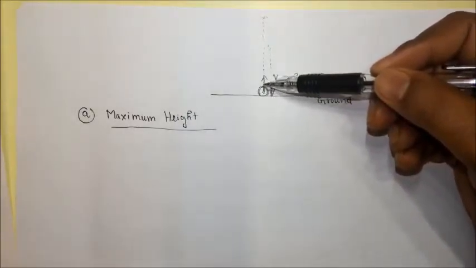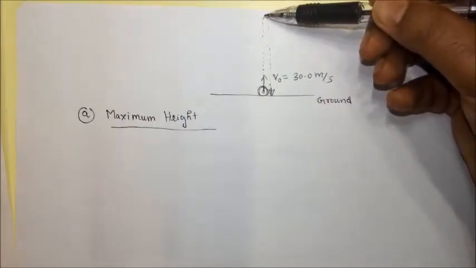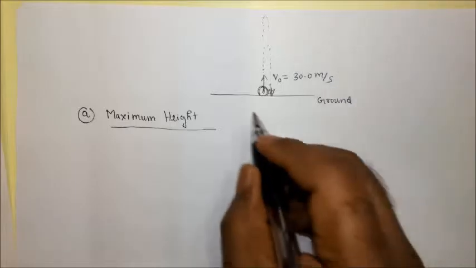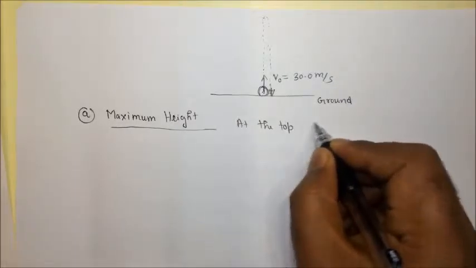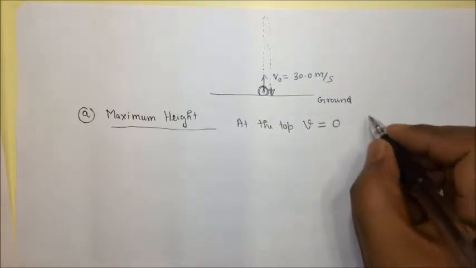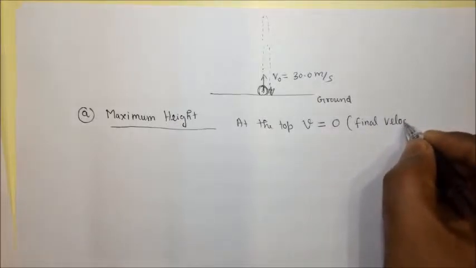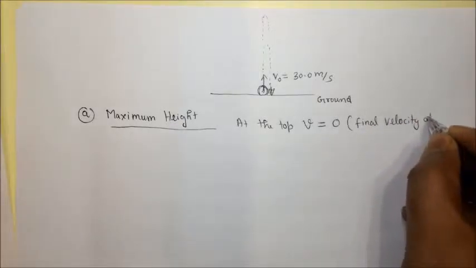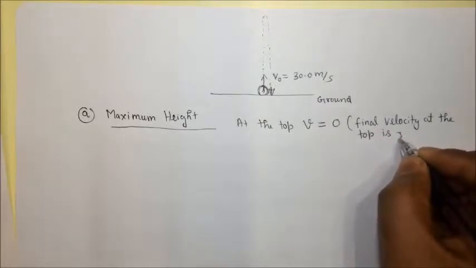If you see here, it slows down and comes to rest. So at the top, final velocity is 0.